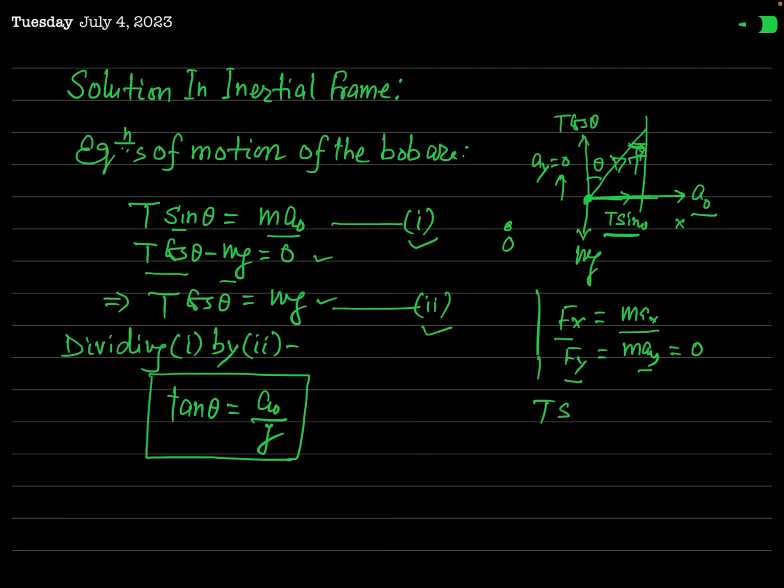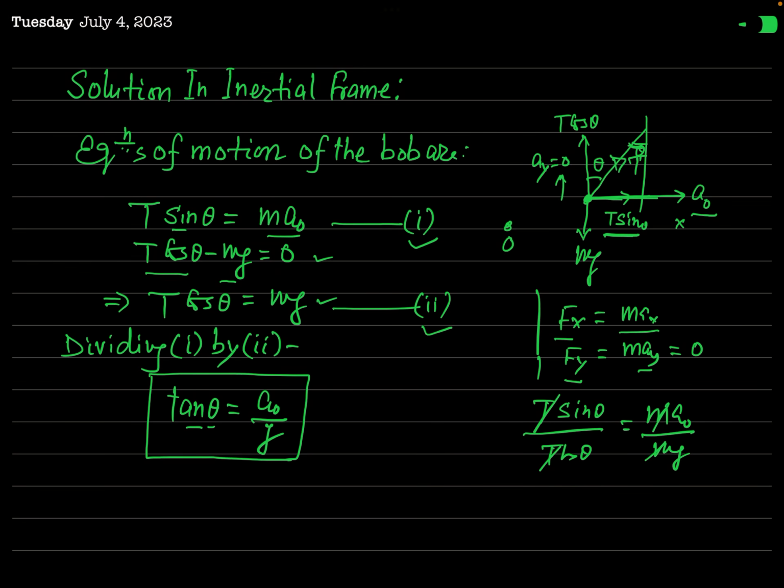So when T sin theta is divided by T cos theta, that will be equal to ma naught divided by mg. Here m and m cancel, T and T cancel, and sin theta by cos theta is tan theta, and this is a naught by g. Okay. So in this way you can see that in an inertial frame we have solved this problem and calculated the value of theta, which is a naught by g.